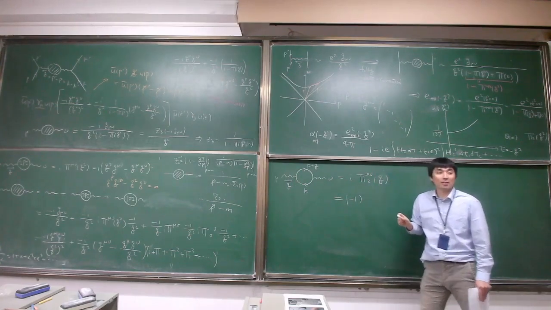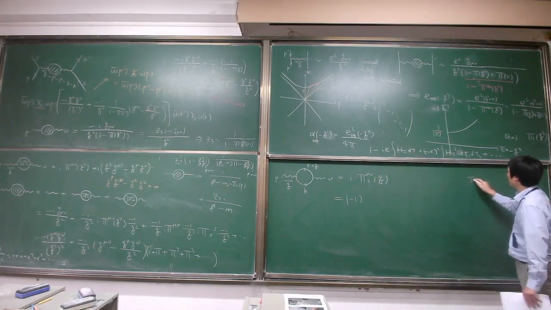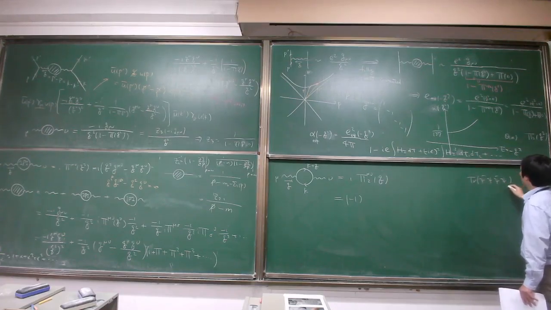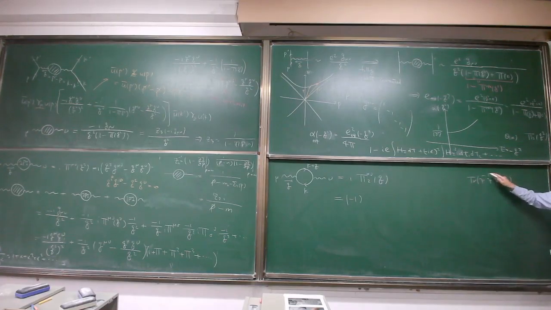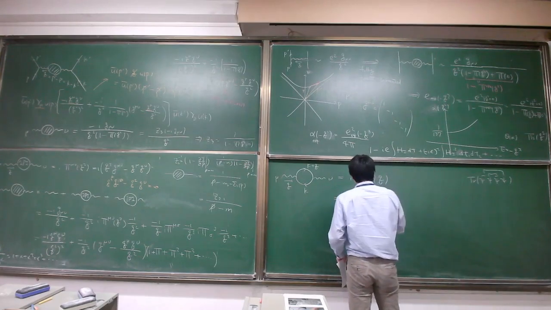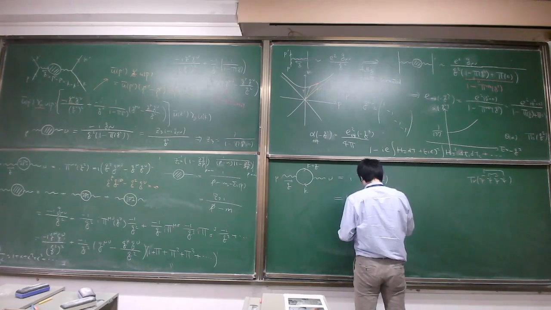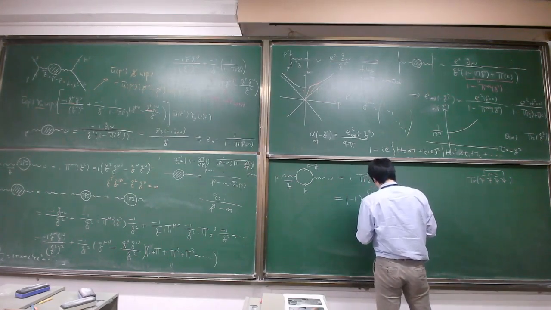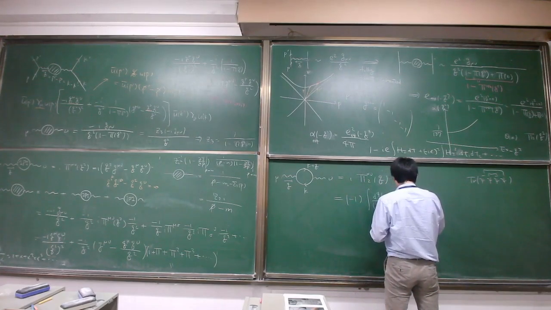As I mentioned, you always have the trace of psi-bar psi, and when you contract them together, you always have a minus sign, because the psi-bar needs to be brought around 3 times, right? So therefore, we have a minus sign. And then the divided by 4, and then trace.